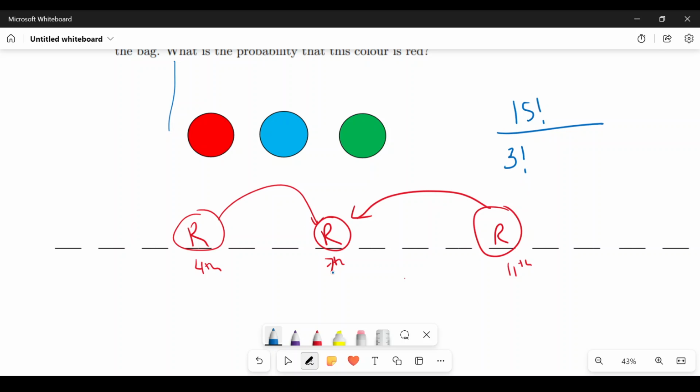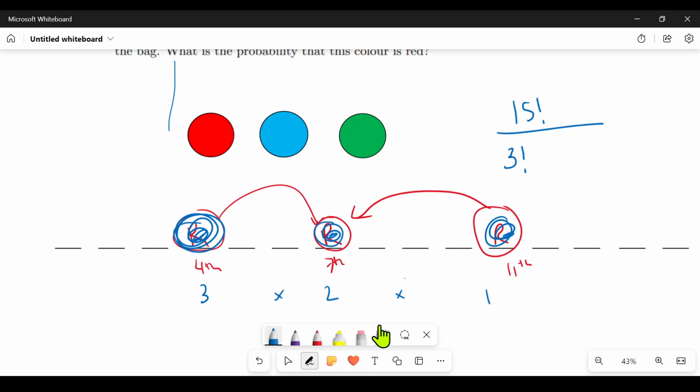And that 3 factorial represents the fact that every time I've pulled out a bunch of marbles, there are 3 of them that are identical red. And so these 3 marbles amongst themselves can be arranged in 3 times 2 times 1 different ways. So there are 3 choices as to which of my red marbles goes here. Then there are 2 choices as to which one goes here.